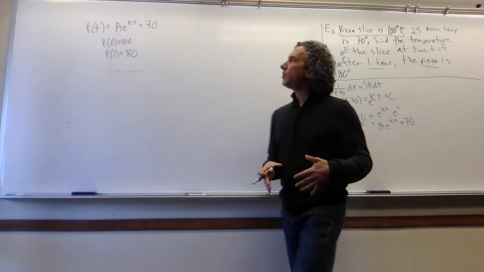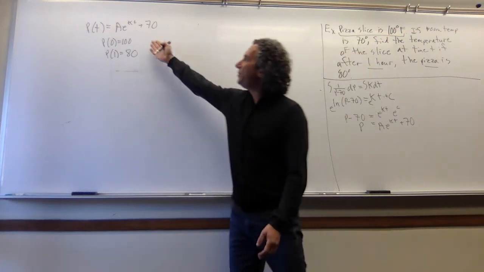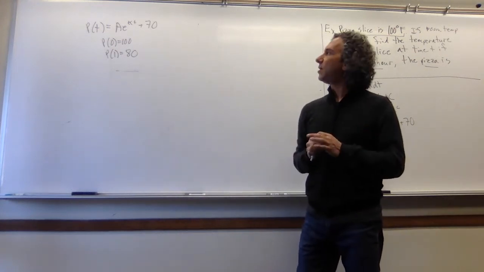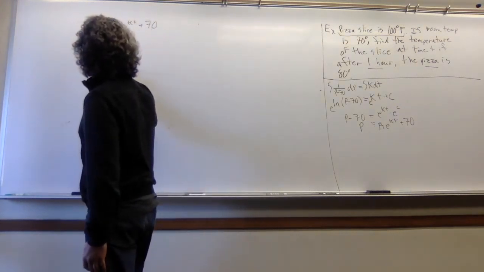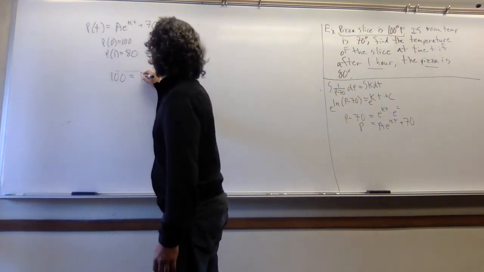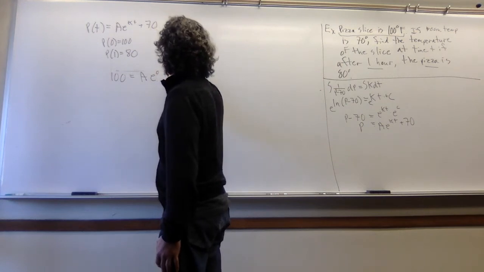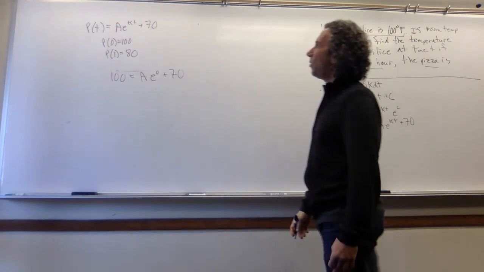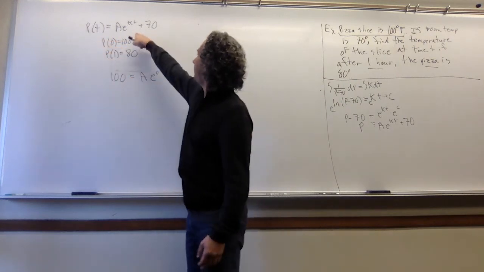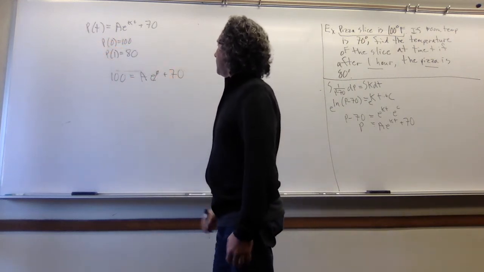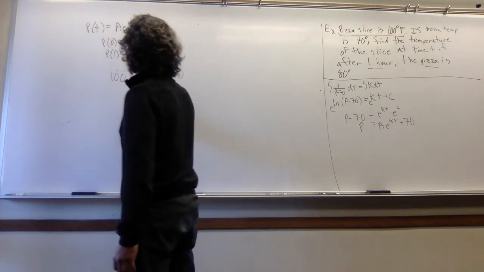So I have a single equation with two unknowns, and I have two pieces of information. I bet I can solve this. So let's use the first piece of information. So p of 0 is 100. So 100 is equal to a e to the 0. So it looks like a is 30.